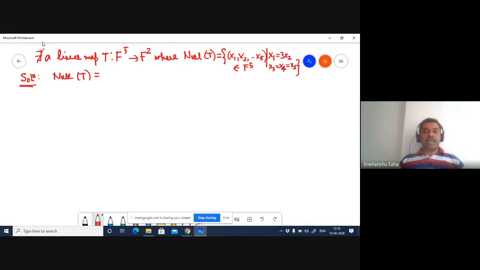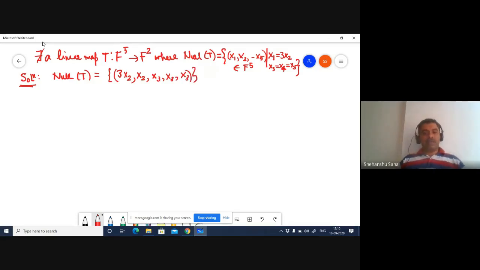So the null of T, according to this, is the set of these vectors, and we know x1 is 3x2. So this is 3x2, x2, and x3, x4, and x5 are all x3.